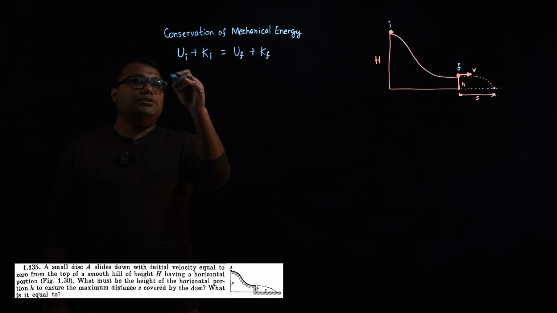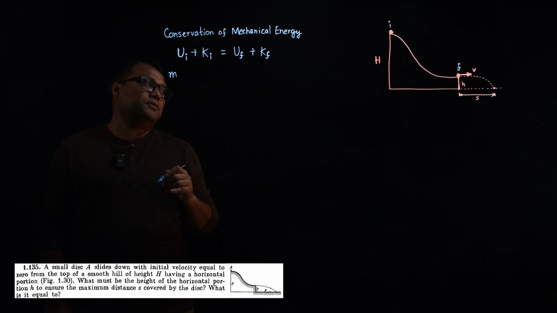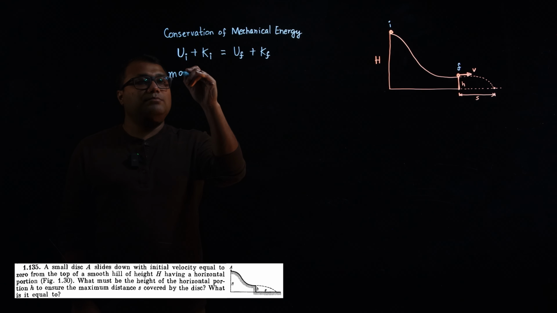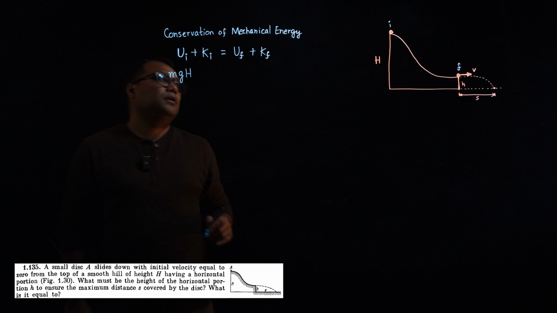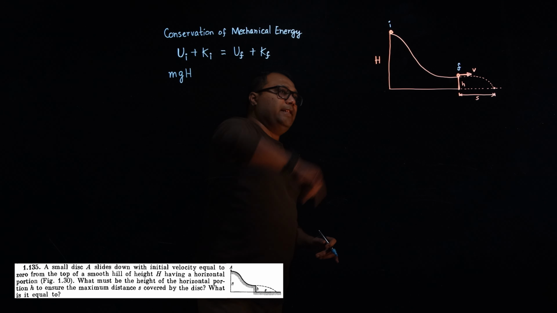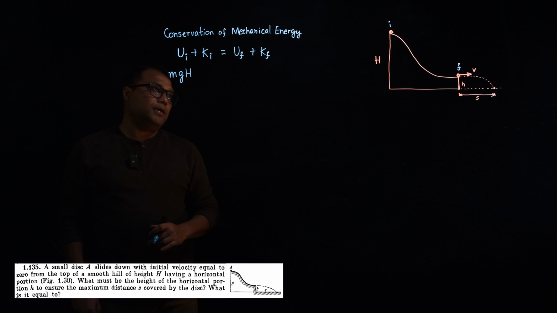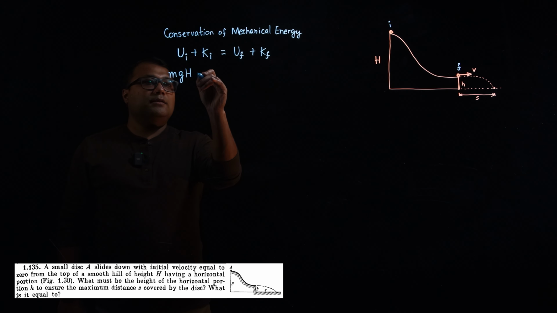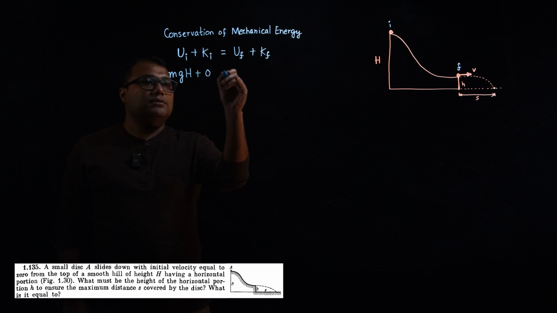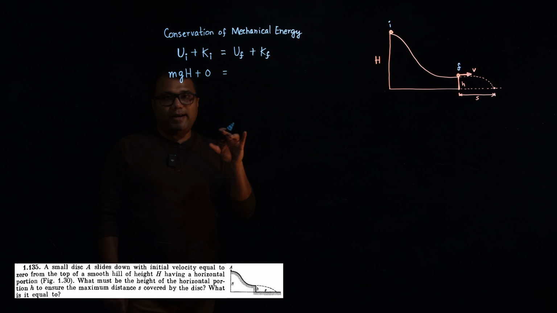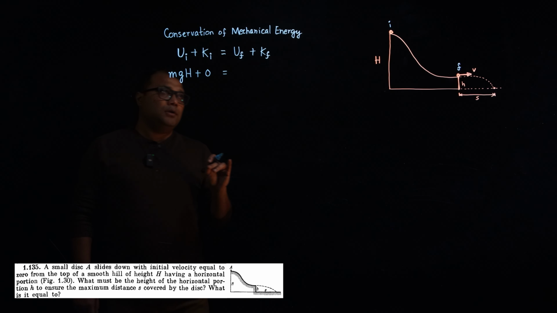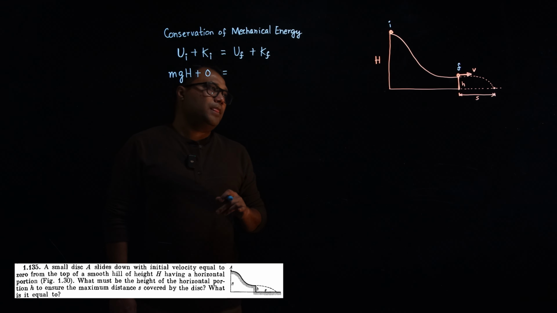Potential energy initial for mass m is mgH, because this is at a height H from the ground, okay. Kinetic energy initial is 0 because this disk is let go, so initial velocity was 0.